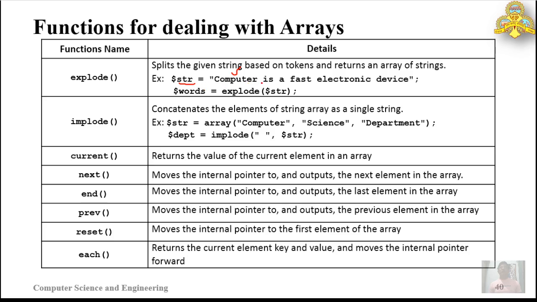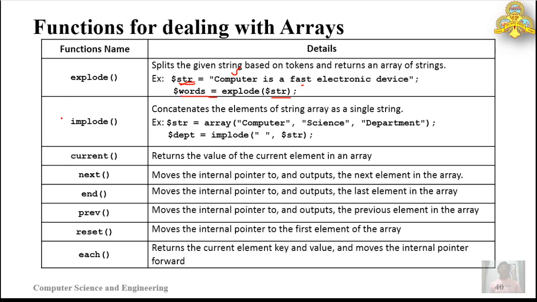So $str will be the array that contains computer as one word, then is, a, then fast, electronic, finally device. That means 1 2 3 4 5 6, there will be 6 words in the array. Sorry, not the $str. $str is the single string. The string is split and the words array contains 6 words.